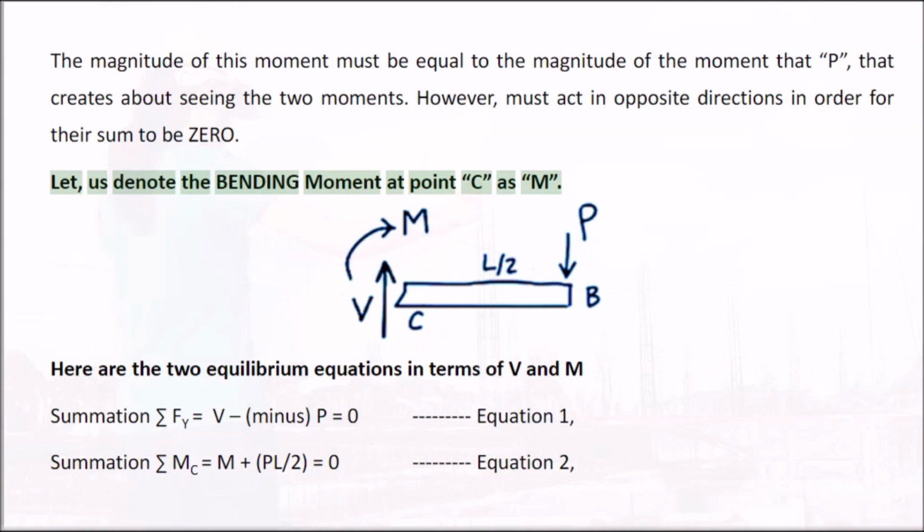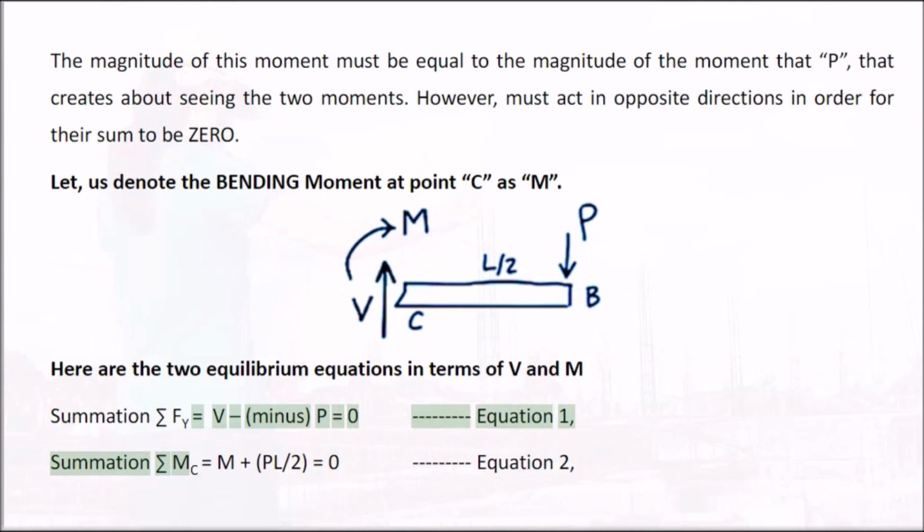Let us denote the bending moment at point C as M. Here are the two equilibrium equations in terms of V and M. Summation Fy equals V minus P equals 0, equation 1.